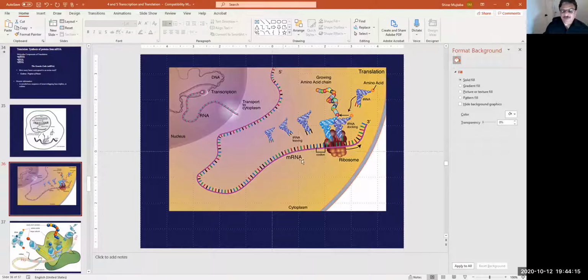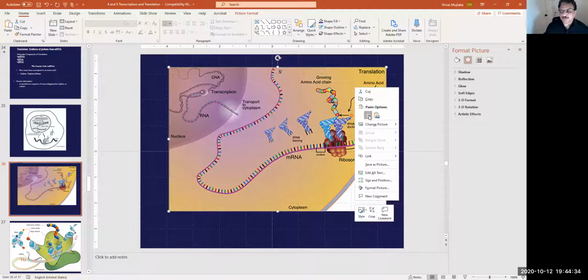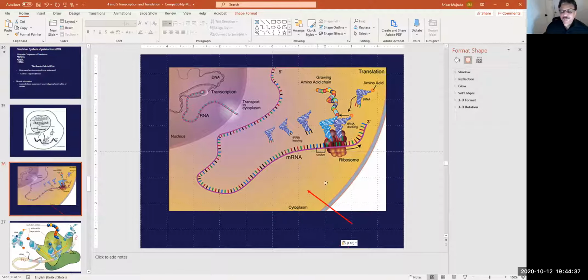So this is what happens. The mRNA travels through the cytoplasm, goes and binds to the ribosome. The purpose of binding to the ribosome is that the tRNA can come with a specific amino acid. They come at the surface of the ribosome, and on the surface of the ribosome there is peptide bond formation, and there is a growing chain of polypeptide, right?